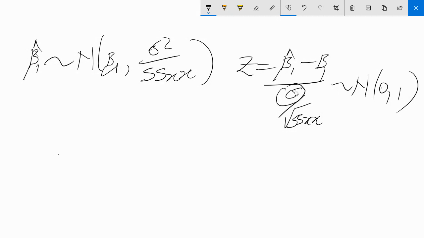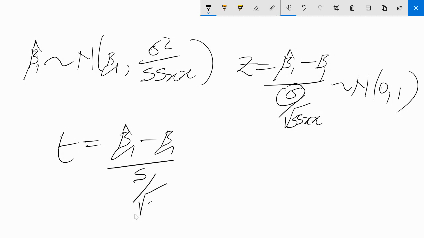So because this is not known and we are estimating it, this changes to be beta 1 hat minus beta 1 divided by S over the square root of SSxx.